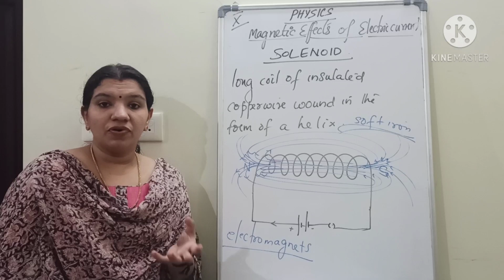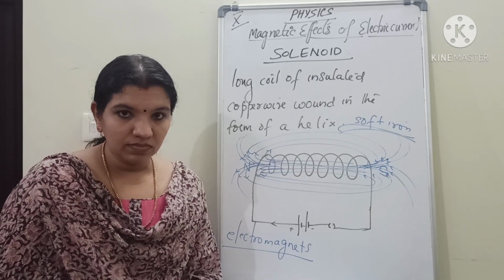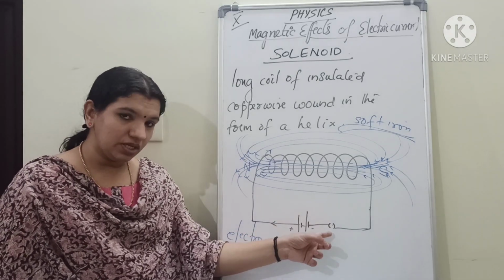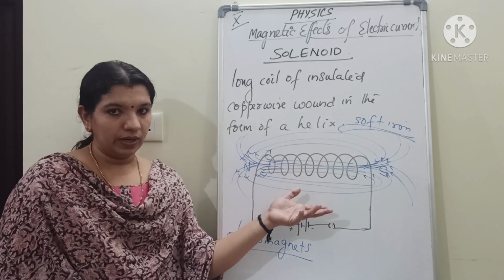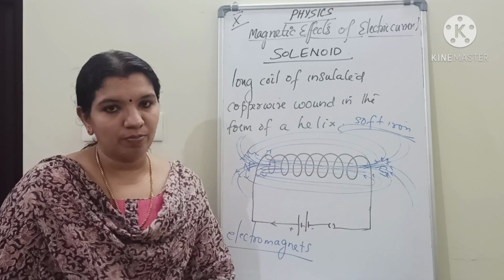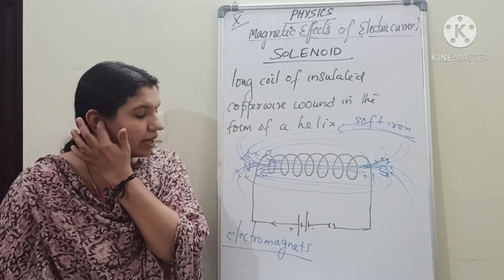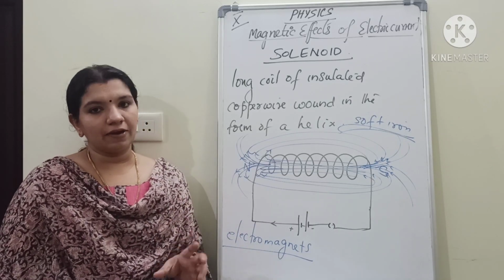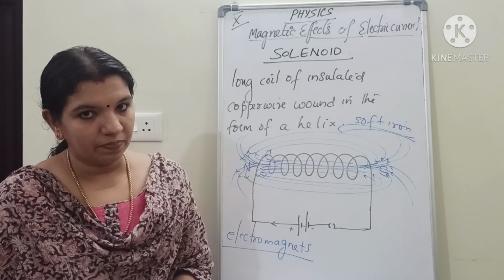It can be used for various purposes. But one thing is that if you remove the current, if you switch it off, it will stop working. It will lose its magnetic property. That is the main thing. So, an electromagnet works on the magnetic effect of electric current.